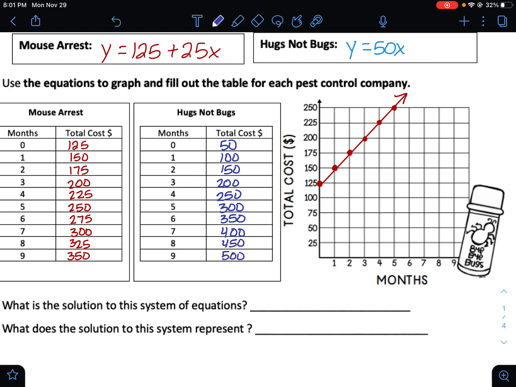Okay, so I'm going to start by plotting that. 1 is 100, 2 is 150, 3 is 200, 4 is 250. Okay, so I connect my dots.